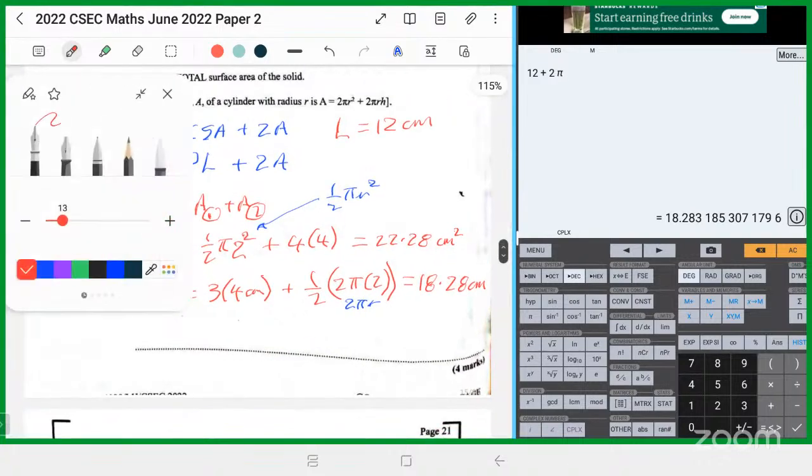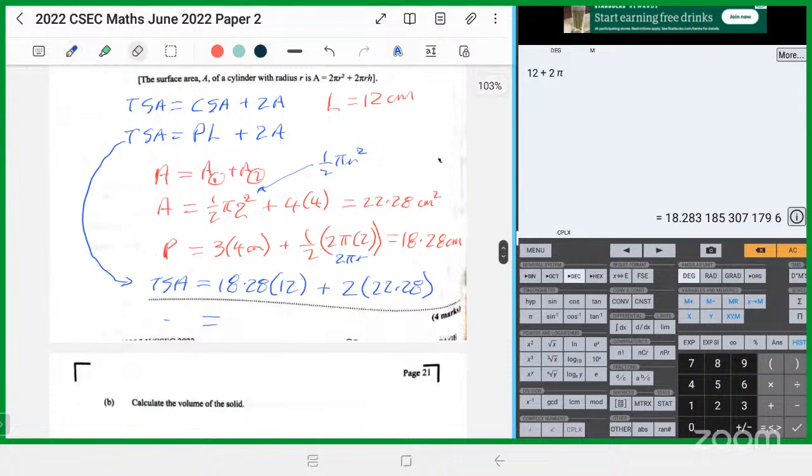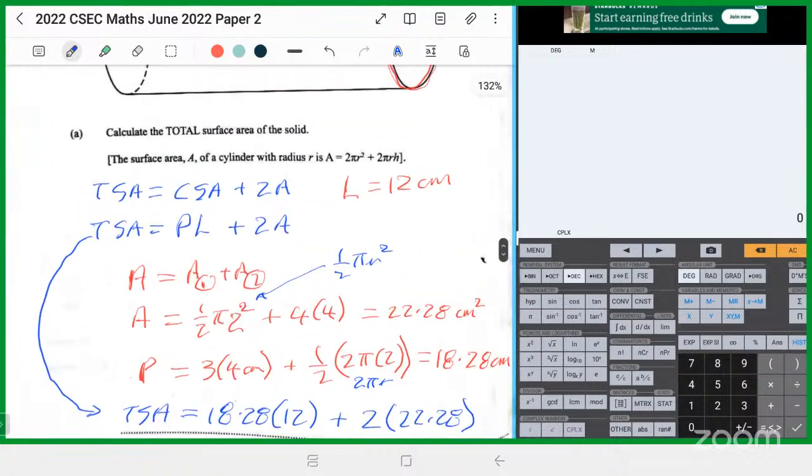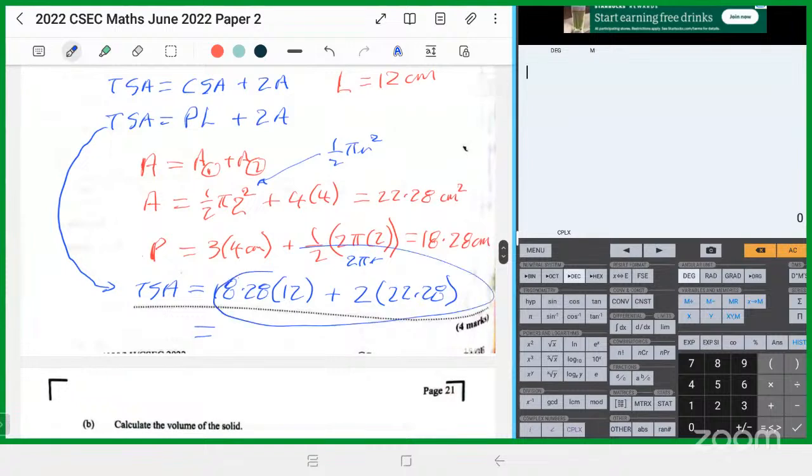So I'm going to take all of that and plug it back in. The total surface area equals the perimeter of the end, which is 18.28, times the length, which is 12, plus 2 times the end area, which is 2 times 22.28. This quickly gives me the total surface area and avoids all the complication. Just put this in the calculator and we're good.